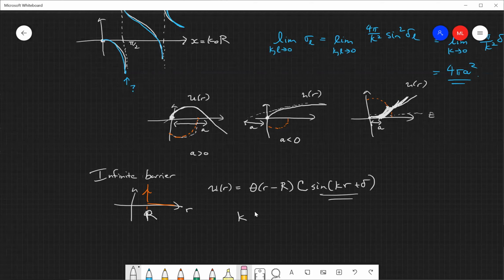So we have to make sure that k times R plus delta is equal to some multiple of pi. Those are the only constraints, and at small k, the relevant solution is the one that has the smallest phase shift, and so in this case it's really the n=0 solution, and in that case delta is just minus kR.